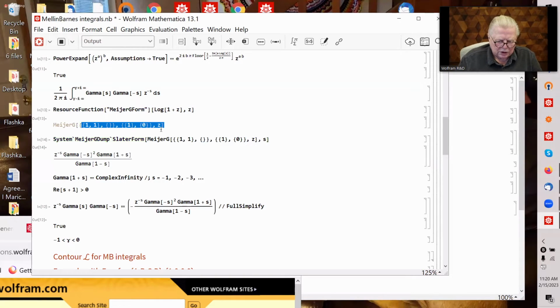So this construction allow us to separate poles and to build this logarithmic function. So in any case, this is badly constructed Mellin-Barnes integral.